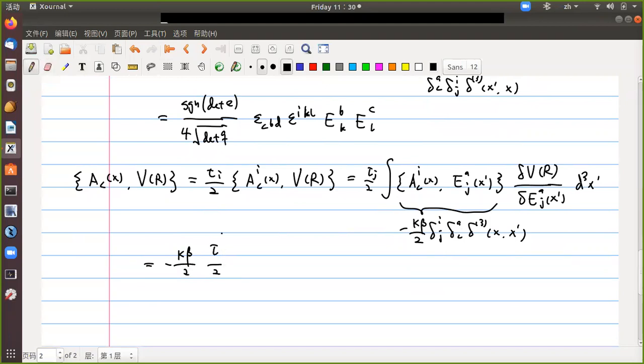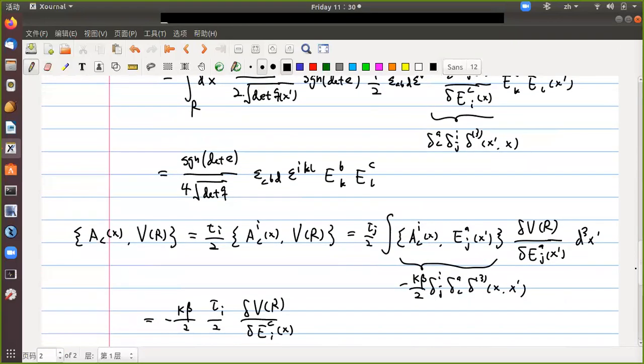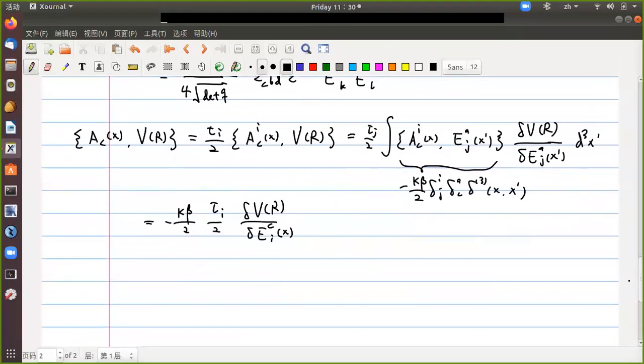tau I, and then delta v r delta, and so eci x, and this is exactly what we just computed. This functional derivative equals to this. Okay, we just apply this result.